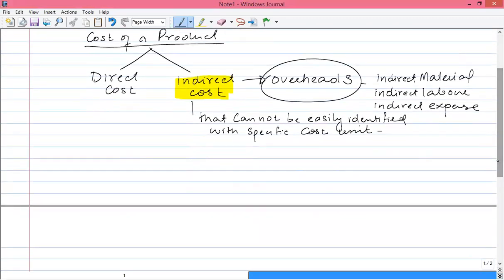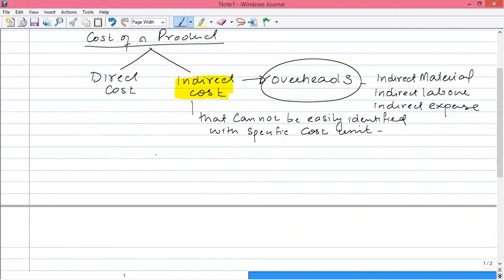First of all, let me inform you that the overhead cost or the production cost incurred in the factory deals with the overall production cost centers cost and the service cost centers cost. Total overheads are incurred either in the production cost center or the service cost center.